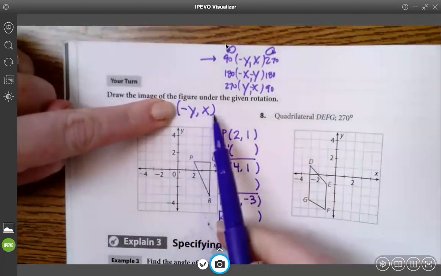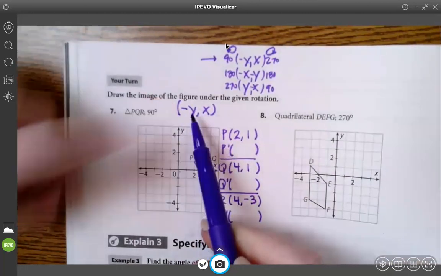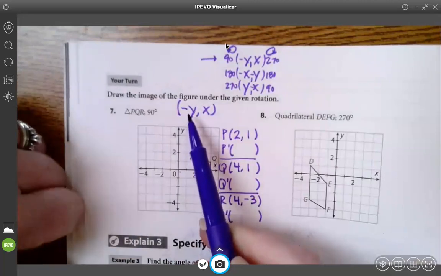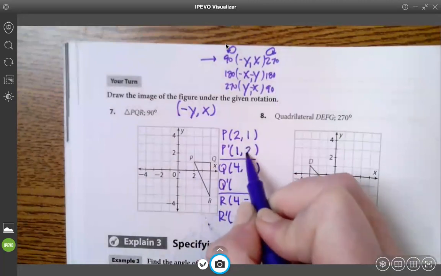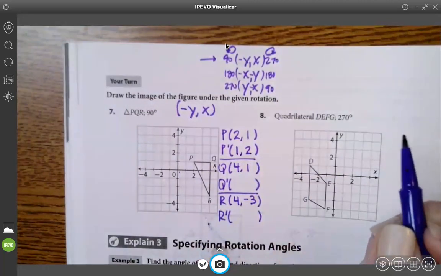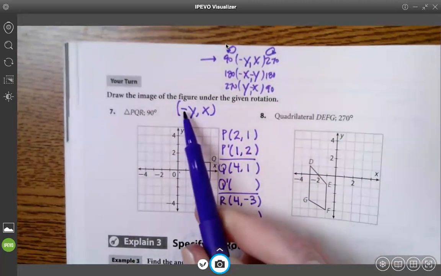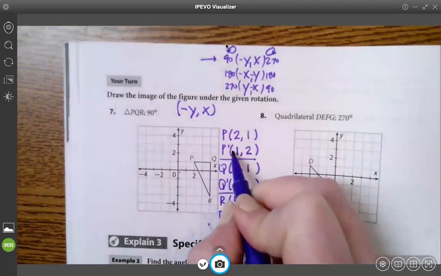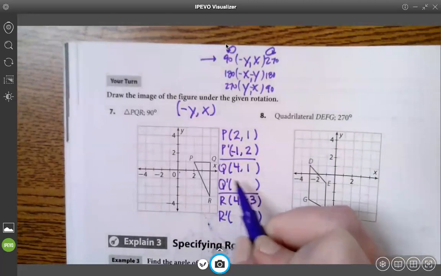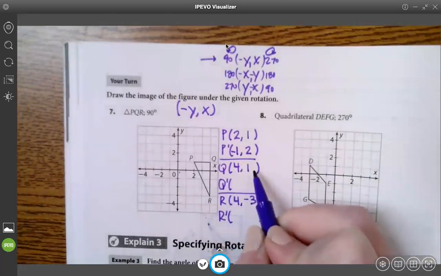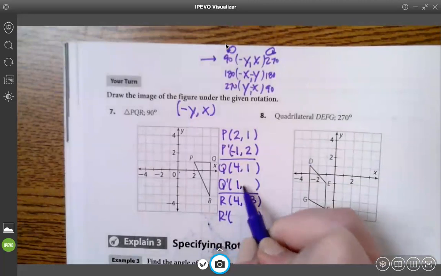Now we're ready to change our points. We're going to switch the order and change the sign on the new front number. So I'm going to switch the order. 1, 2 is the switched version for P prime. And then I'm going to change the sign on the new front number. So +1 turns into -1. On Q prime, I'm going to take Q, which was at 4, 1, and swap the order into 1, 4.